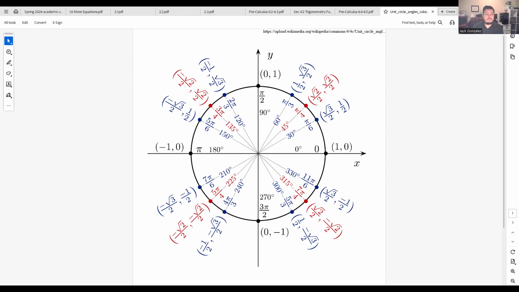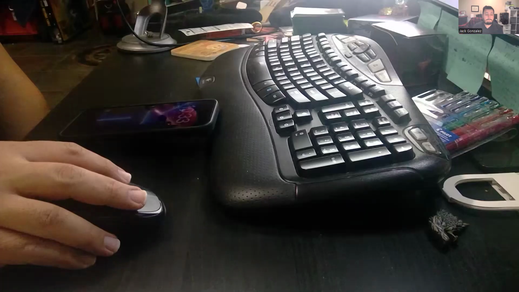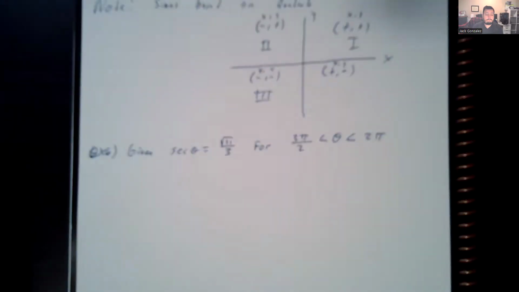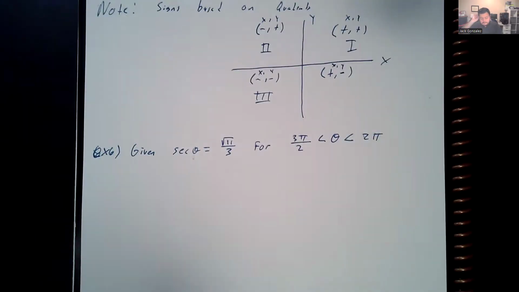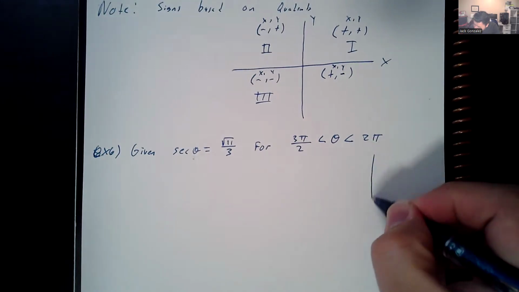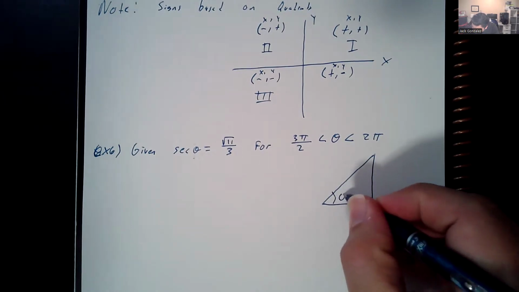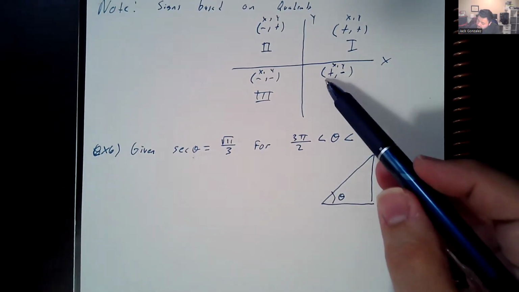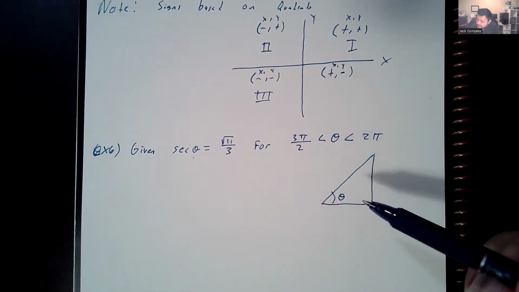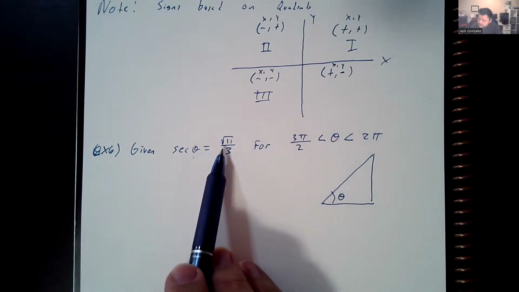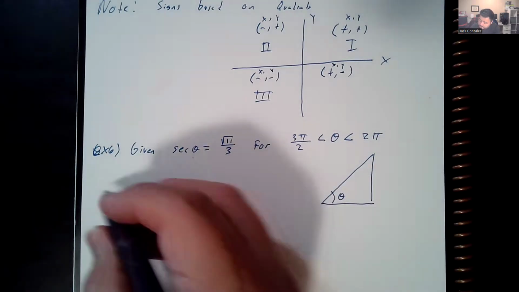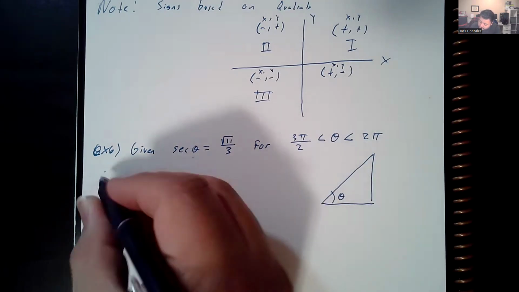All right, let's switch back to the paper. Okay, so theta is in the fourth quadrant, which means x is positive, y is negative. So we just said, let me write down everything.